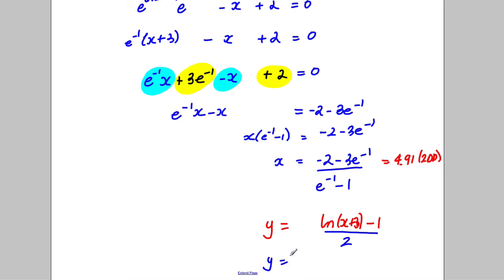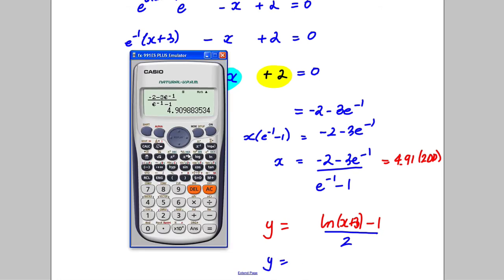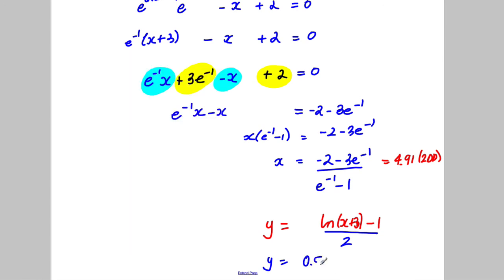So just substitute that answer value, and type in fraction, the natural logarithm of answer add 3 take away 1 all divided by 2, and you should get yourself 0.53 to 2 decimal places, so 0.53 to 2 dp.